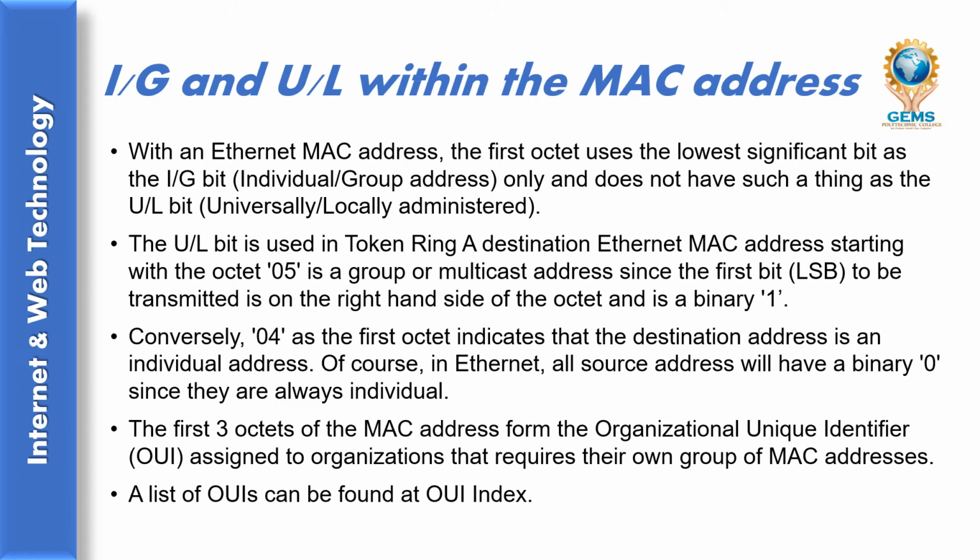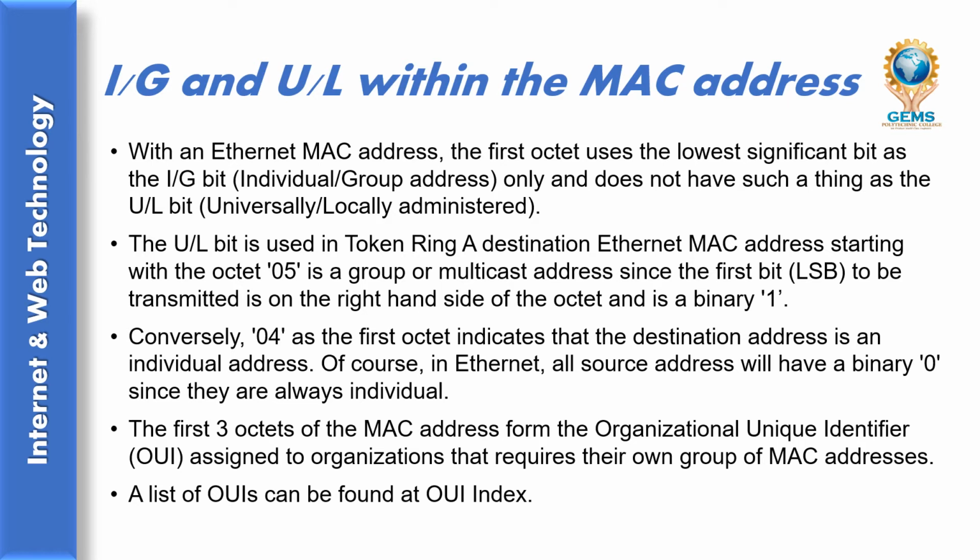The UL bit is used in token ring. A destination Ethernet MAC address starting with the octet 05 is a group or multicast address, since the first bit, the least significant bit to be transmitted, is on the right hand side of the octet, and its binary is 1.